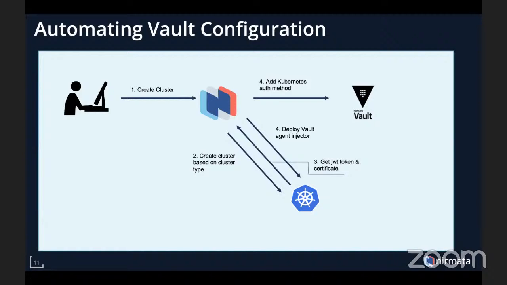Nirmata can then take care of provisioning the cluster, getting the token and the certificate from the cluster, and adding that to Vault. So the authentication method for that cluster is added to Vault. Nirmata would also deploy the Vault agent injector. And once that is done, any application that's deployed to the cluster can start using Vault to retrieve secrets.